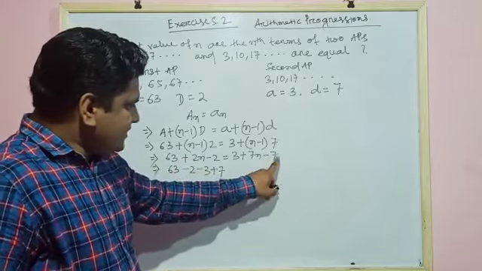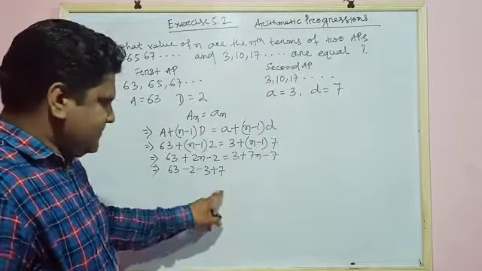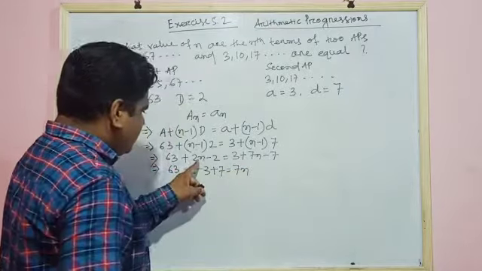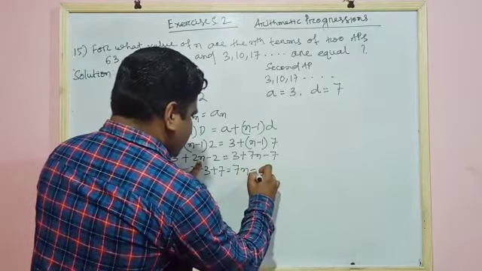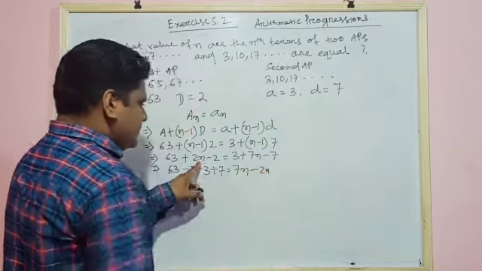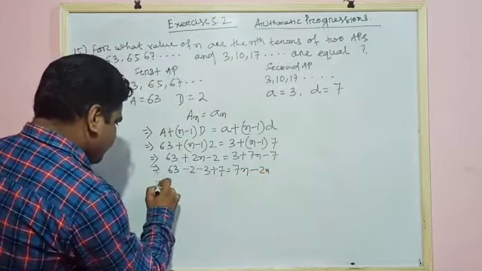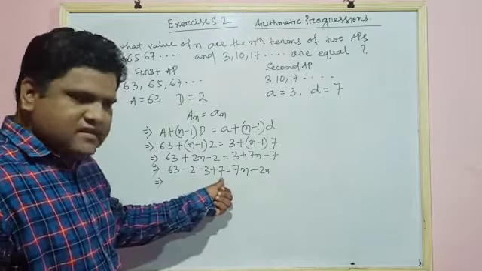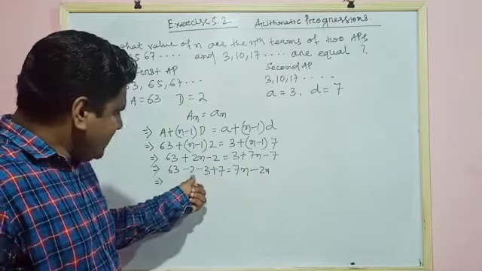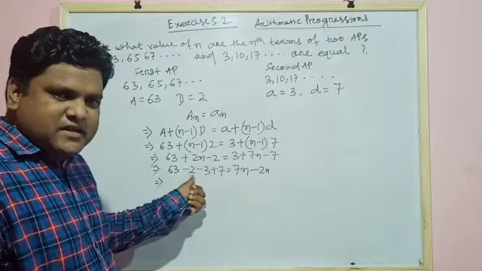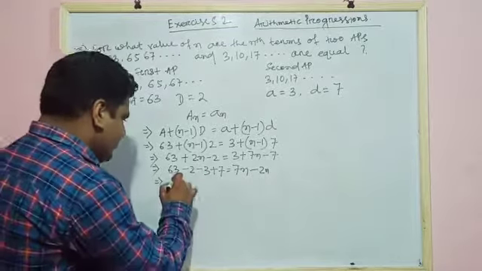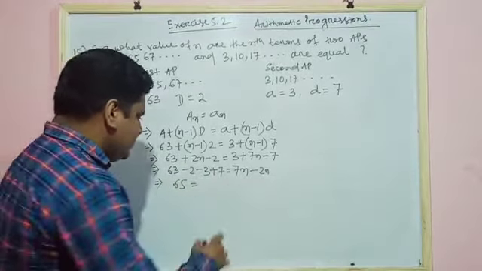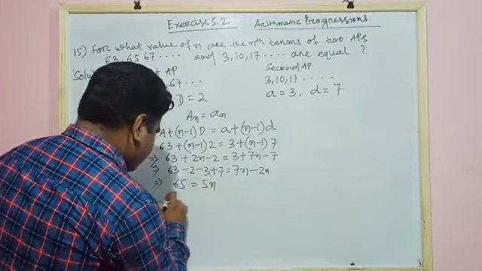When we take 7 towards LHS, it will be positive, equal to 7n, and when we take 2n towards the RHS, it will be negative. So 7n minus 2n. Let's solve this. 63 plus 7 is 70, minus 2 minus 3 is minus 5, 70 minus 5 is 65, equal to 7n minus 2n is 5n.